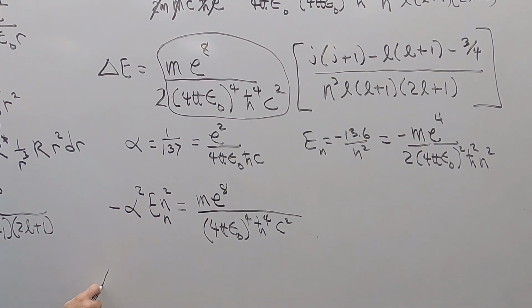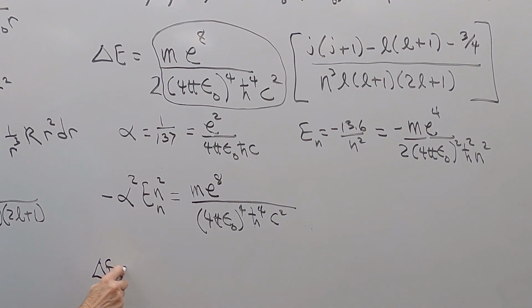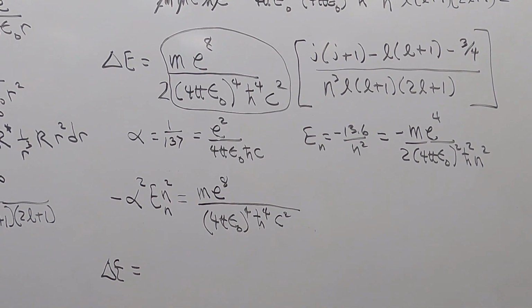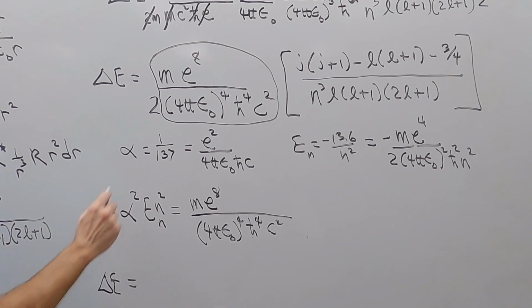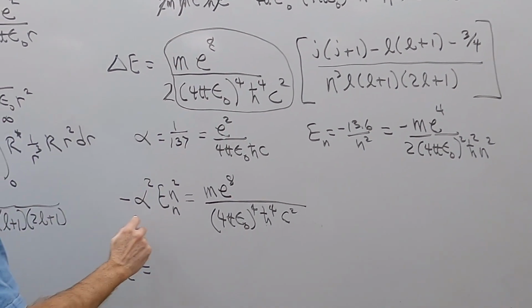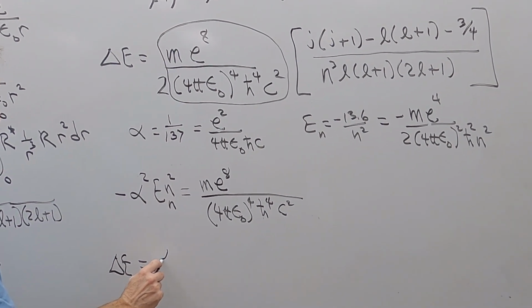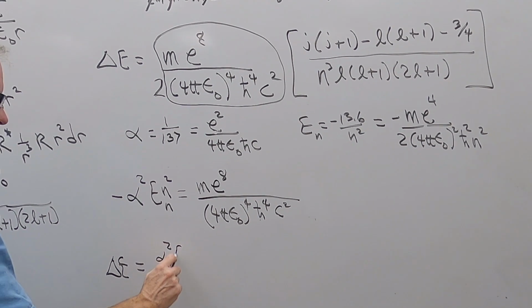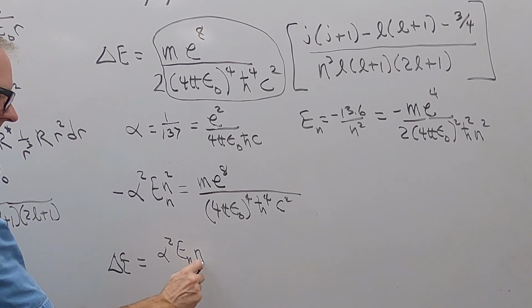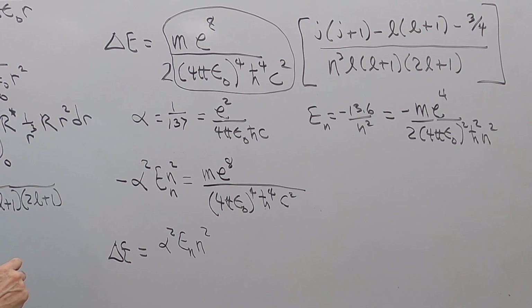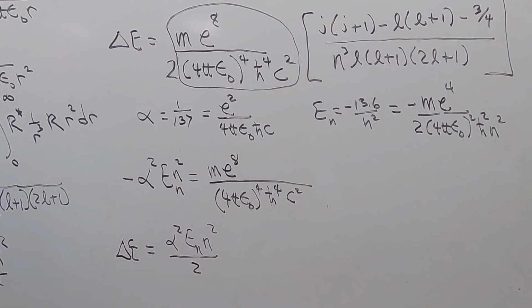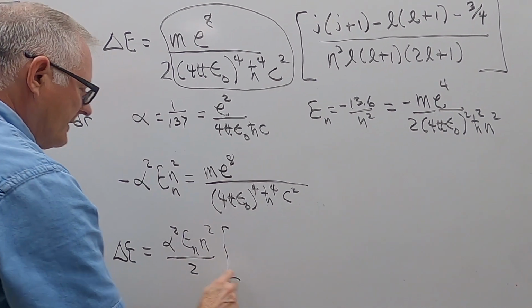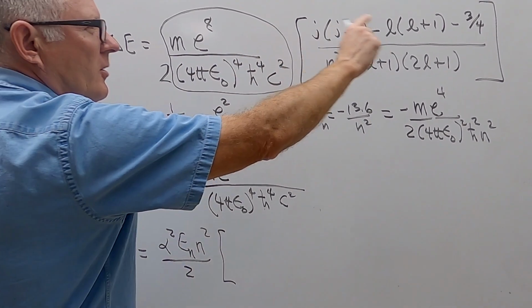So it looks like delta E is equal to, well, everything in the circle is this, alpha squared E sub n, n squared, all over 2. And then since I brought the minus over, I'm going to swap the order of that.